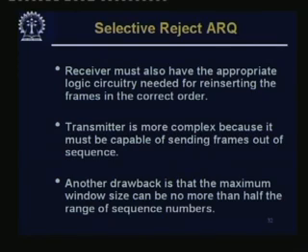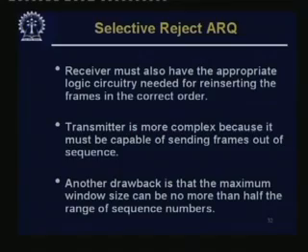So you have to maintain that. The receiver must also have the appropriate logic circuitry. If this buffer management, inserting into the buffer and taking out of the buffer, is being done by hardware, then you have to have a logic circuit for putting things inside the list somewhere.